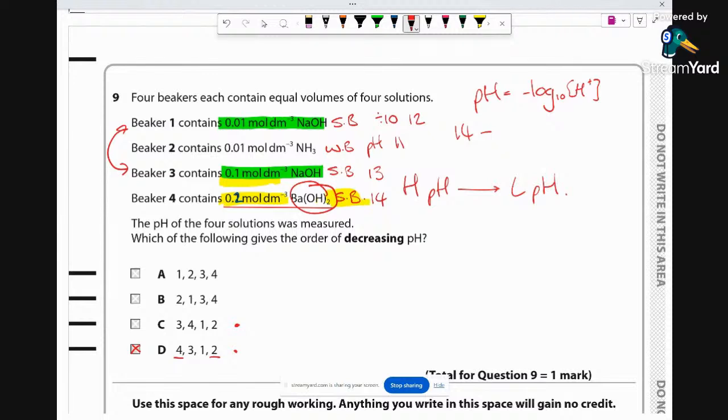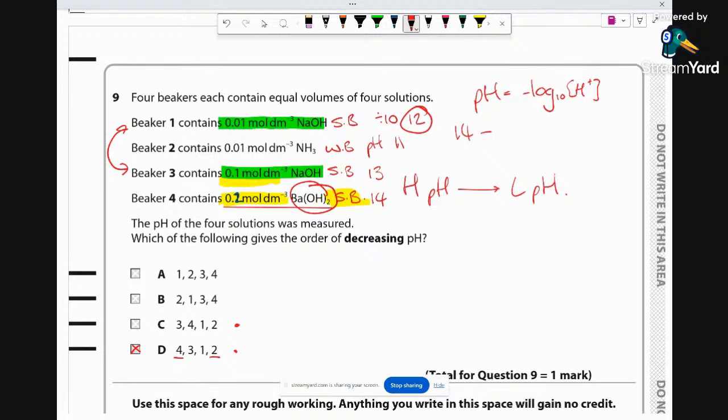So if I do the sodium hydroxide at the top, I'm going to go minus log 10, and then 0.1. Oh, I've just done the wrong one. I'm going to change that to 0.01. Sorry, I've typed onto my calculator wrong. 0.01 equals, and I go 14 minus answer, I get a pH of 12. That's hilarious. Love that.